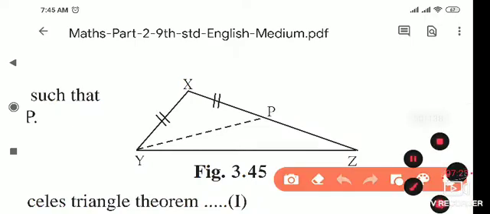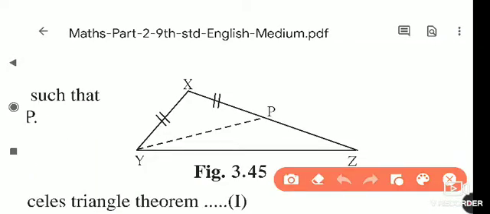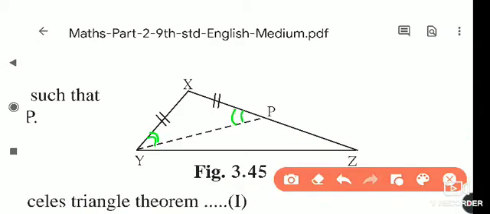So again I will explain to you. If this triangle xpy is isosceles, these two sides are congruent and their base angles are also congruent to each other. So these are the base angles, xyp and xpy, and they are congruent to each other. And if you think about the triangle pyz, xpy is the exterior angle for the triangle pyz.